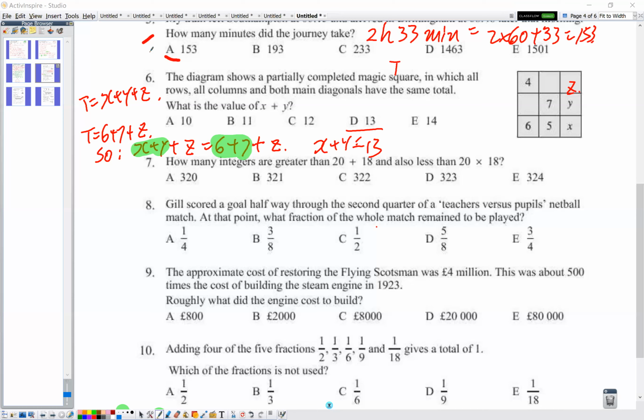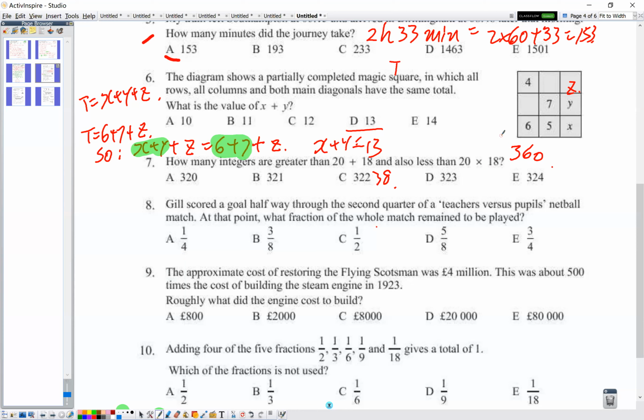Now, look at these questions here. The question says, how many integers are greater than this? Come on, this question is not difficult though. So this number, we add them together, which is 38. This times them together, 360. So what's the difference between them?